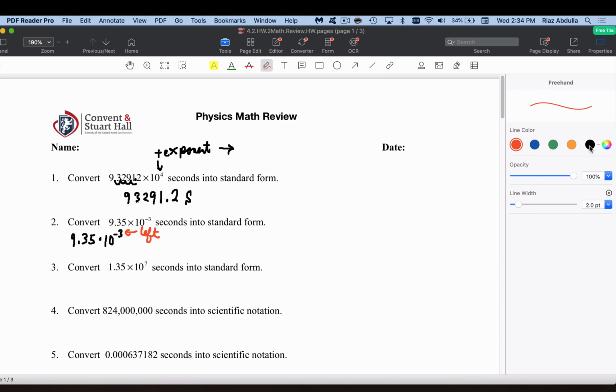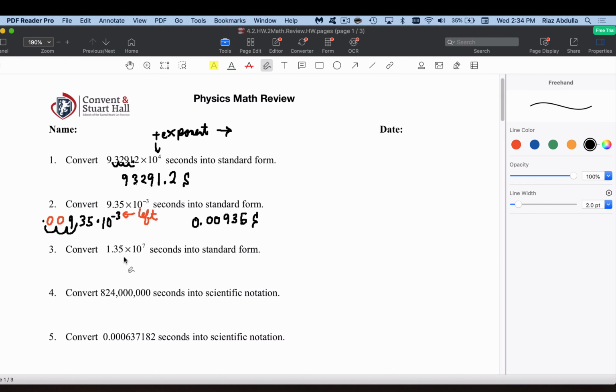And what that means for us here is starting at the 9, we're going to go 1 bump, 2 bumps, 3 bumps, and the decimal goes right there, and then we'll actually fill in these zeros like this. And so our final answer is going to look like 0.00935 seconds.